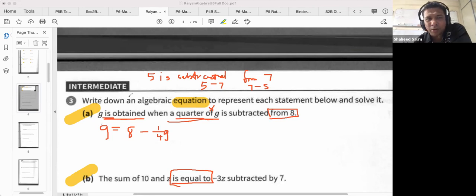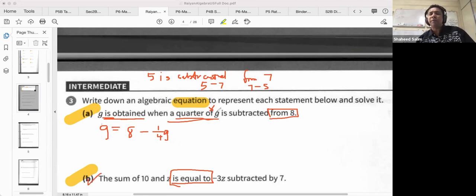So this question now, intermediate means level 2, the middle difficulty level. You must come out with this equation, then you solve. You come out not enough, no, you must solve it. But most students' problem is they find it difficult to come out with this. So can you try B?